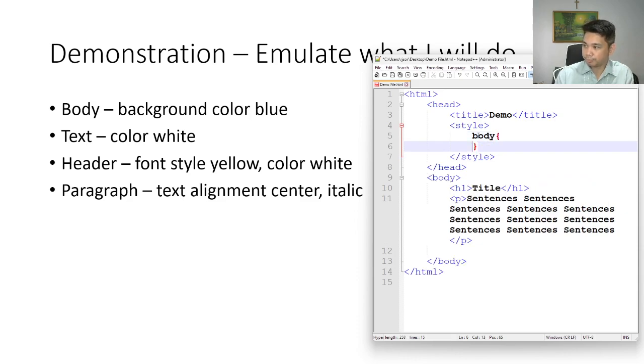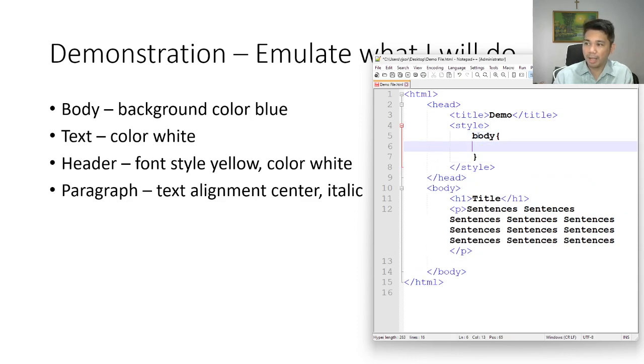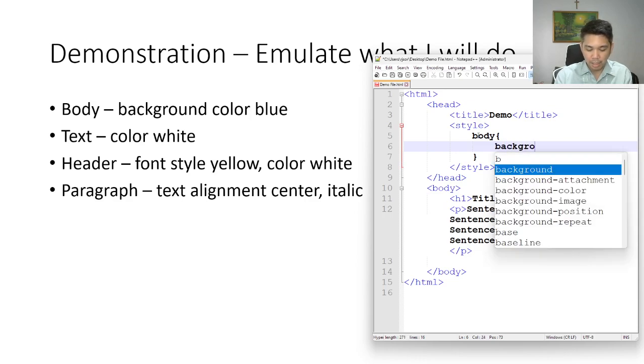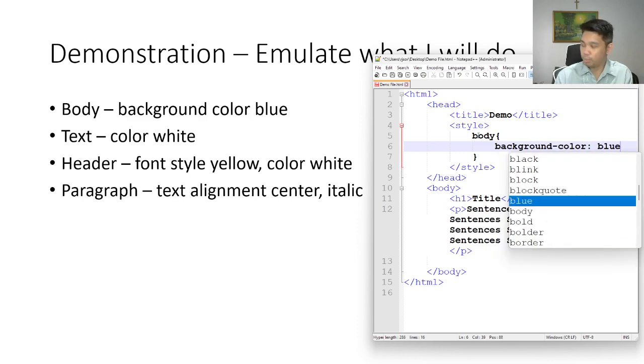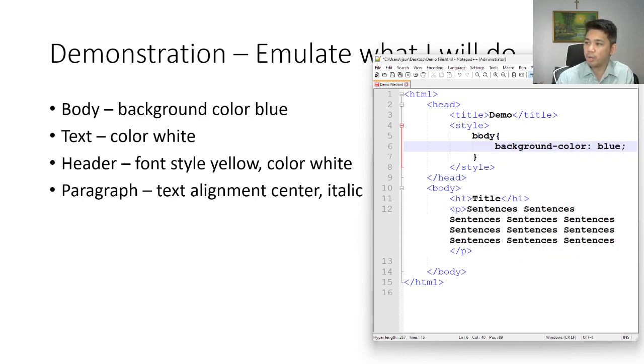It has a block. Inside the block, we will set the background color to blue. Now, the property for that is background-color, colon, and then blue. And then we terminate it with a semicolon. And then the text color will be white.